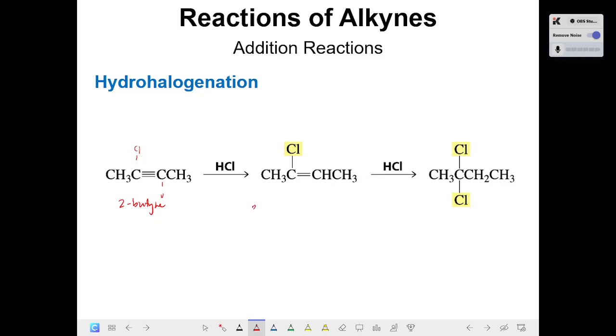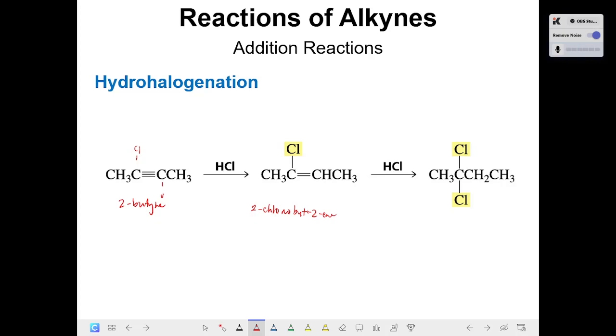So this is your 2-chloro-butene. So yung double bond natin is in 2 and 3, and the chlorine atom is attached on the carbon number 2.